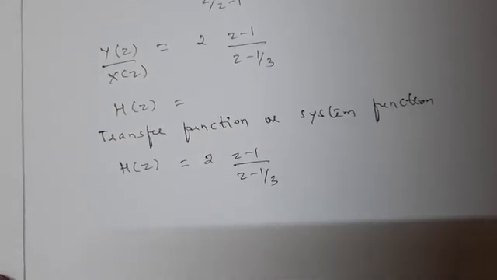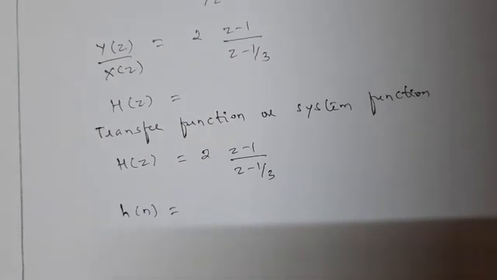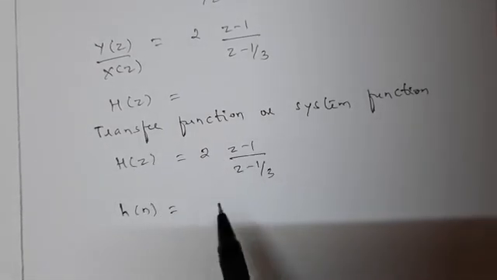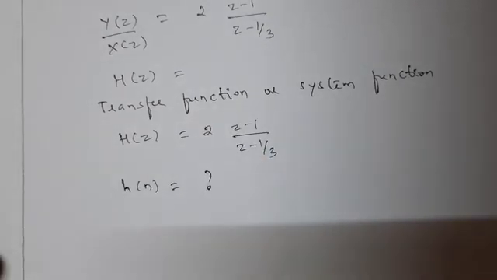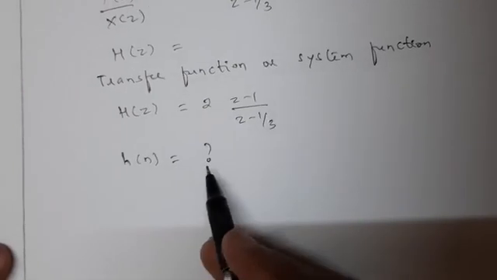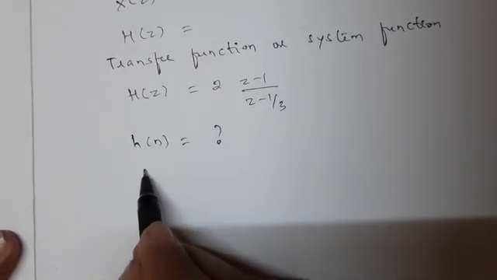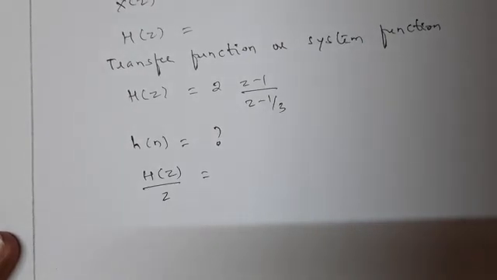Okay, so now you have to find the impulse response, meaning h of n. That is the inverse z transform of this. How to find the inverse z transform of this? Again use partial fractions. You know that the first step is to represent the given thing, whether it is x of z by z, y of z by z, or h of z by z.